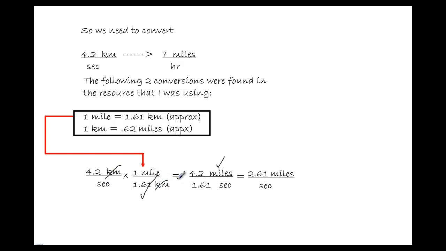And in the denominator, I'm left with seconds. So I wind up with 4.2 times 1 on the top, 1.61 on the bottom. When I divide those two, I wind up with 2.61 miles per second. So what we've done is we've converted from kilometers per second into miles per second.